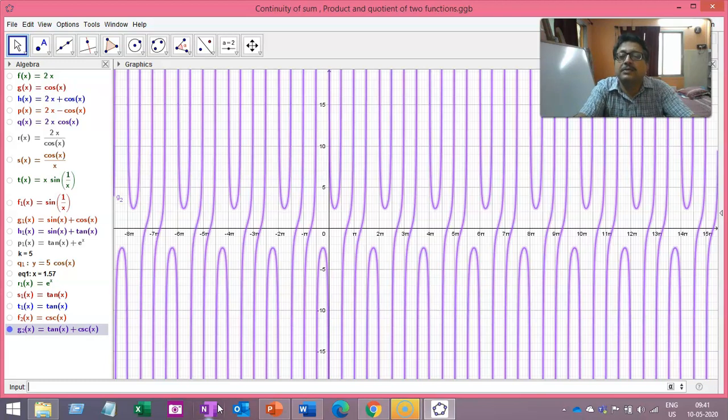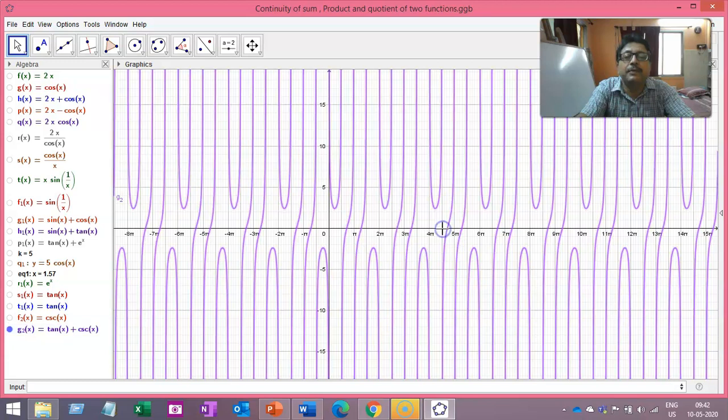The function will remain discontinuous at the points where cosec x was discontinuous and the points where tan x was discontinuous. See, at the point 9 pi by 2 it is discontinuous. If I take 4 pi, not only 4 pi, 3 pi, 2 pi, pi, 0, at all these points it will remain discontinuous.